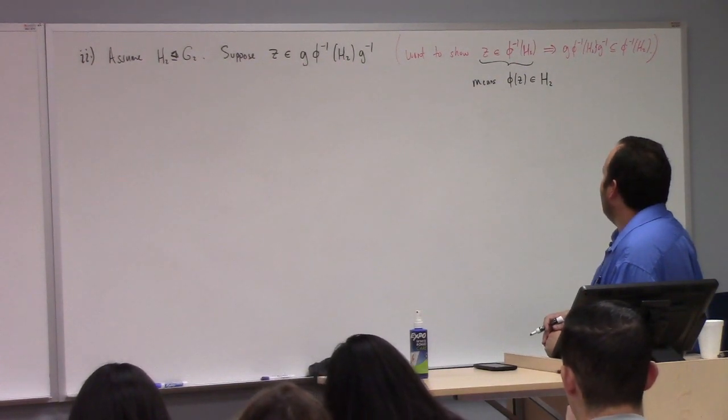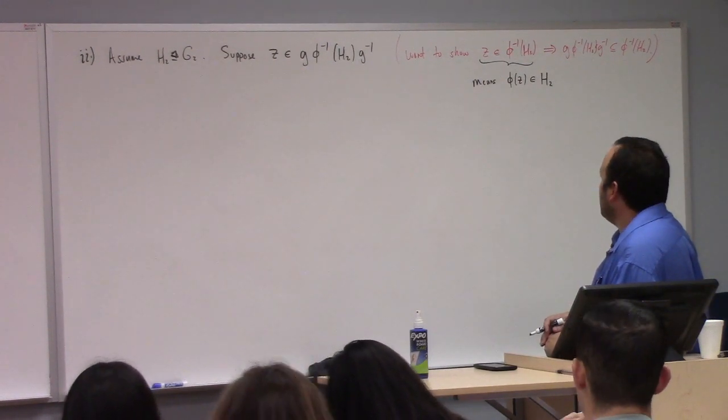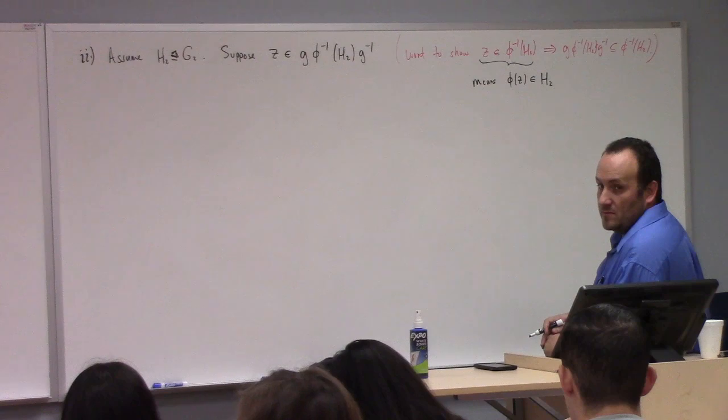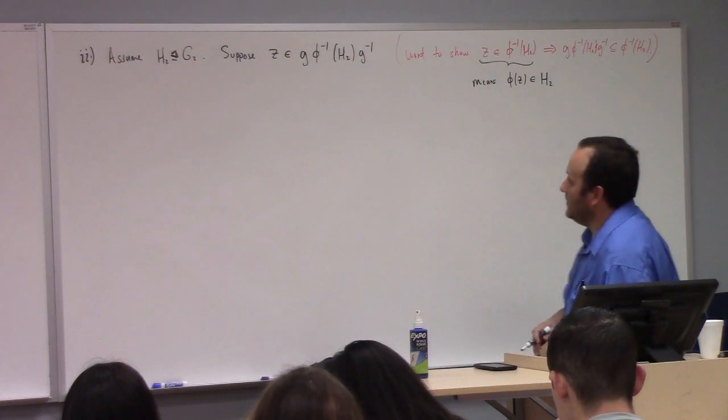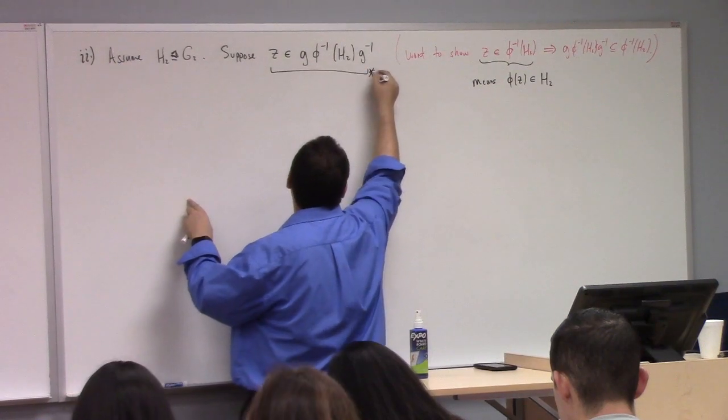I'm happy. All right, so phi of Z should be an element of H2. That's what it means to be in the inverse image of H2, right? It maps to H2. And so to say this right here, what does star mean?